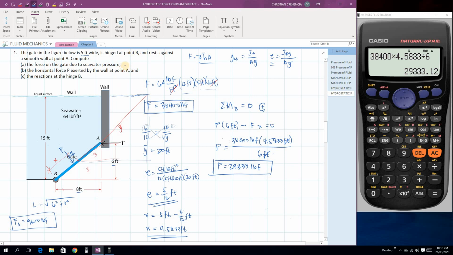Okay, so okay na tayo dito. Okay na tayo doon. So last is yung reactions at hinge B. So ang hinahanap is reactions. So meaning more than one. So ang hinahanap natin is yung reactions sa B along X and RBY.